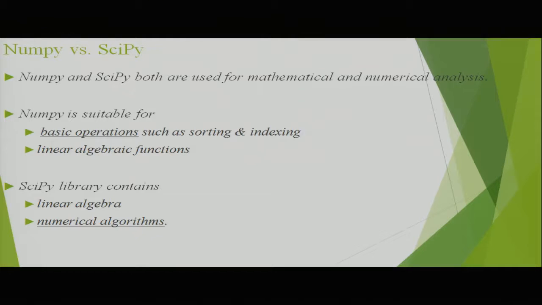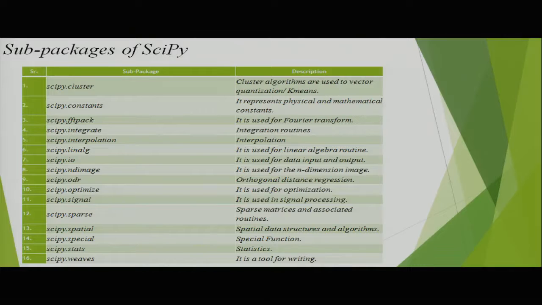Now let's take a look at some of the sub-packages SciPy has to offer. There are quite a few of them, around 16 it looks like. The first one, SciPy cluster: the cluster algorithms are used for vector quantization. Constants, which represent physical and mathematical constants.